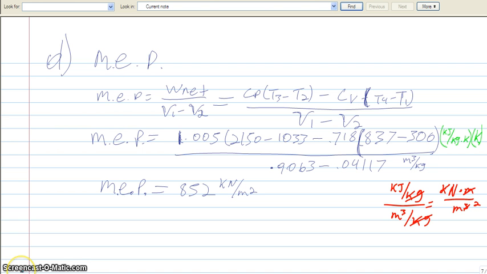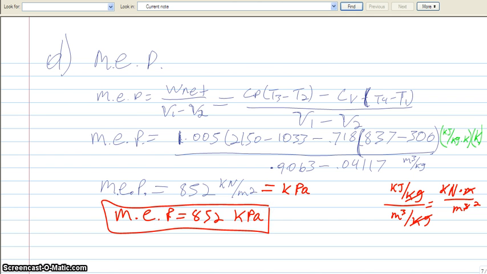If you do a little bit of unit work, you'll find that MEP is actually kilonewtons per meter squared, which is, of course, kilopascals, which is what you're looking for. So the mean effective pressure is 852 kilopascals.